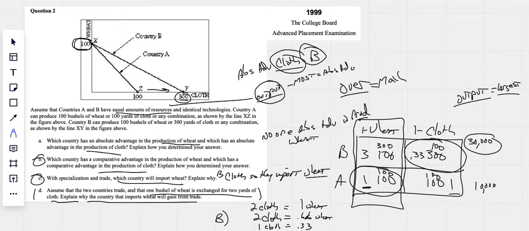Obviously, if you could get more for the same thing, you would be better off. So B would benefit, and we would just explain that with 2 cloth, it gives up 0.66 wheat, but if it could exchange 2 cloth for 1 wheat, it would be better off.